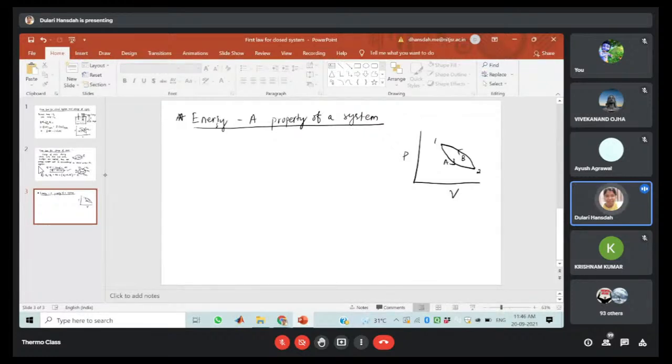Change of cycle means we can write in this case your W cycle.